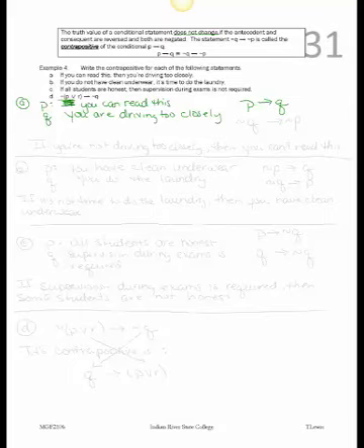So we're going to reverse P and Q, but we're going to also negate the P and Q. So when we write this in words, we're saying if you're not driving too closely, then you can't read this.